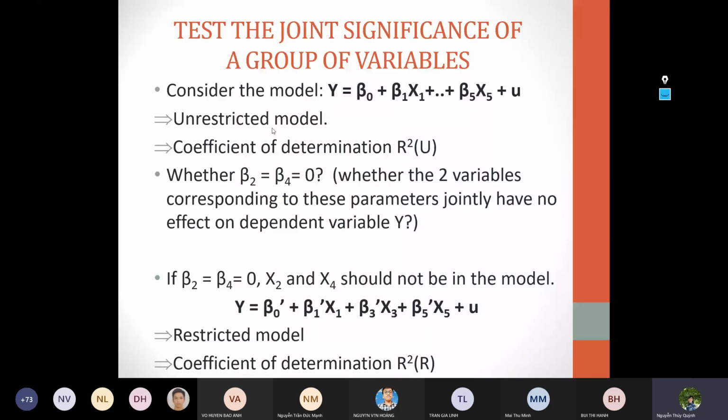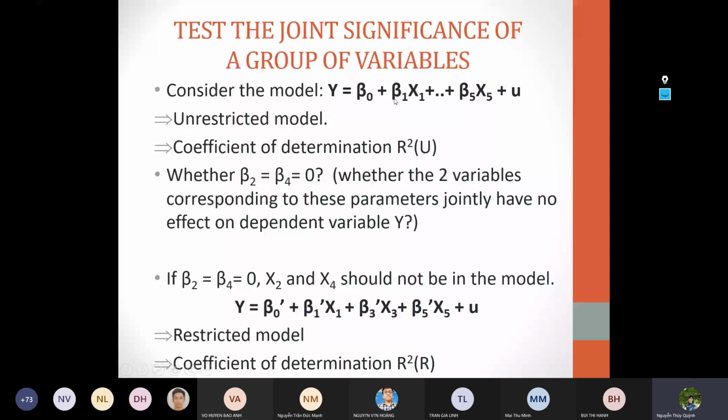Why do we call it the unrestricted model? We will explain it later. The coefficient of determination for this model is called R squared U. U stands for unrestricted model.